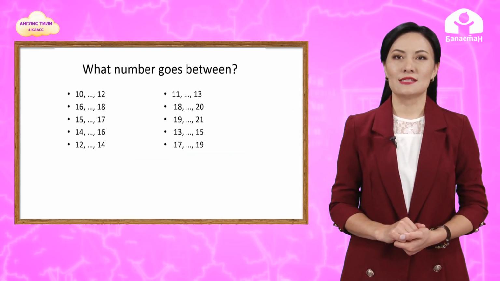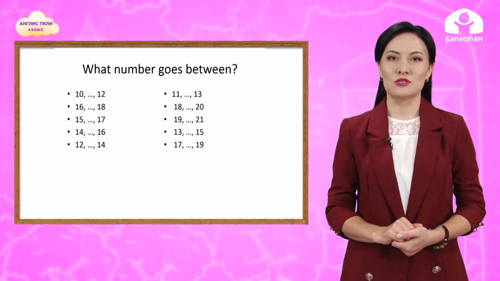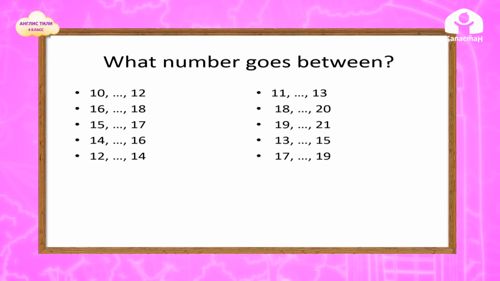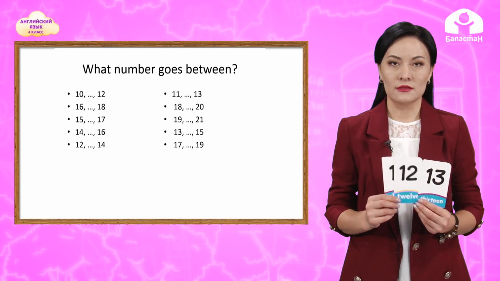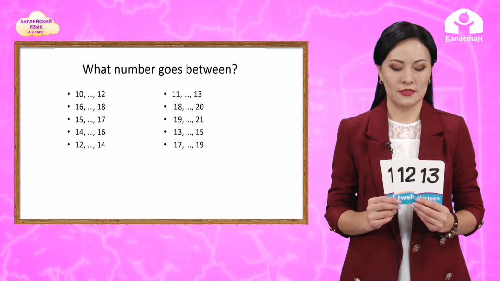Now look at exercise number 1C in your textbooks, page 54. Find the number that is between. For example, 11 and 13. What is between? Yes, 12 is between. Look. Okay, children, look. I have three numbers, 11, 12 and 13.